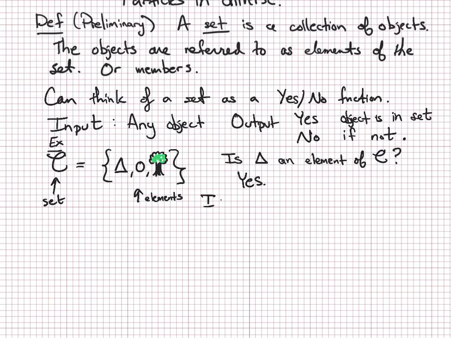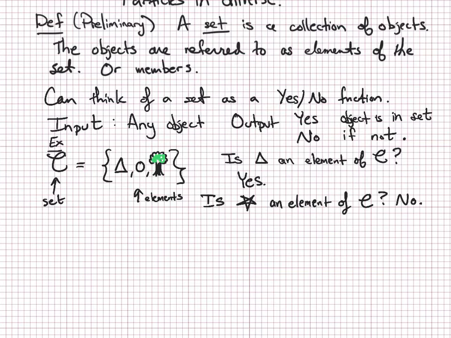And then you say, is star an element of C? And then it answers no. And it would do this for any element that you feed into it. You give it a marker, you give it your hand, it tells you no, those are not elements of my set. But if you're a triangle, circle, or tree, then we are good.